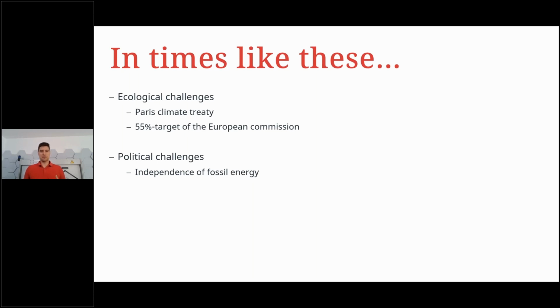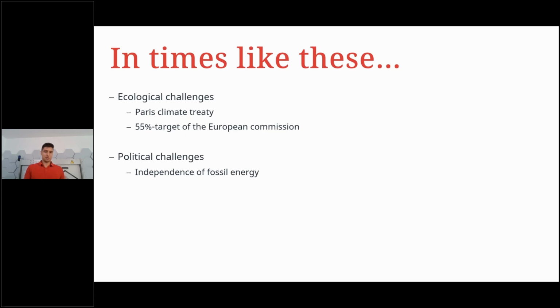So I think of combating climate change. And when I think about this, I have in mind the Paris Climate Treaty, or from a European perspective, also the 55% target of the European Commission, to reduce emissions by 55% until 2030.